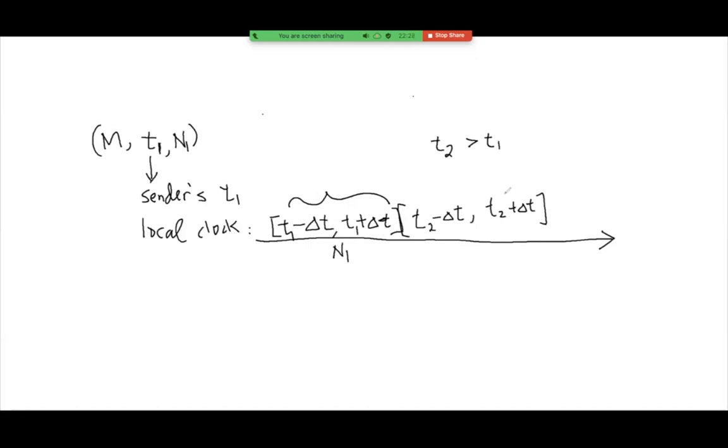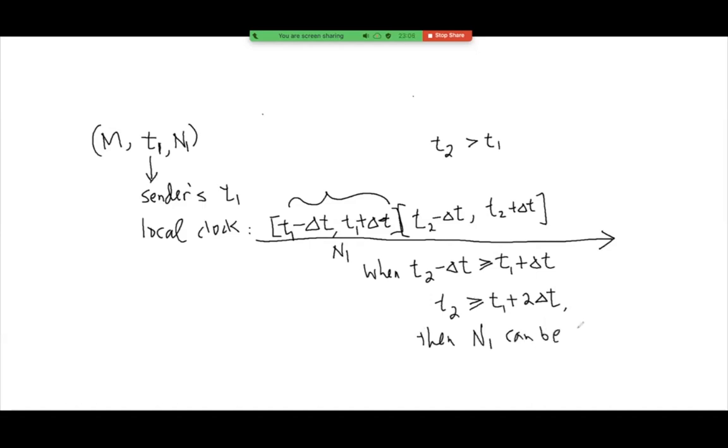So which means when T2 minus delta T is greater than or equal to T1 plus delta T, that means when T2 is greater than or equal to T1 plus 2 delta T, then N1 can be removed.